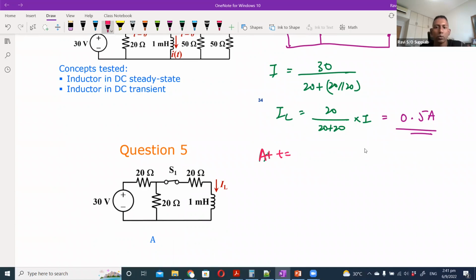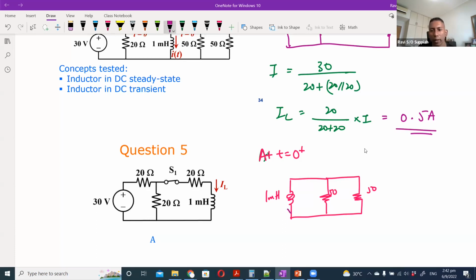at t equals 0 plus, the circuit will look like this. It's just this plus this and this. So you have your 1 millihenry inductor, a 50 ohm and another 50 ohm, and we know that 0.5 ampere is flowing in this direction.